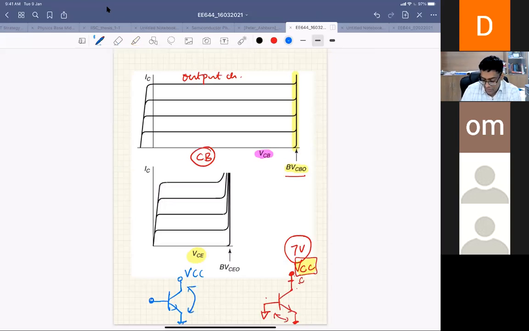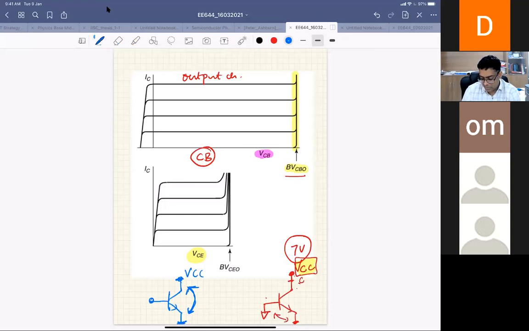So BVCEO will tell you the maximum VCC you could give, because let's say your emitter is grounded. If you remember the amplifier circuits, or any circuit utilizing a bipolar junction transistor, here the output voltage is VCE.